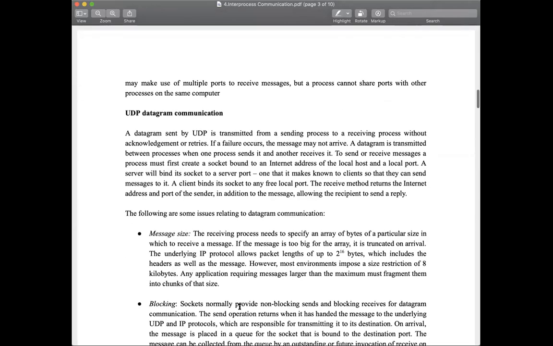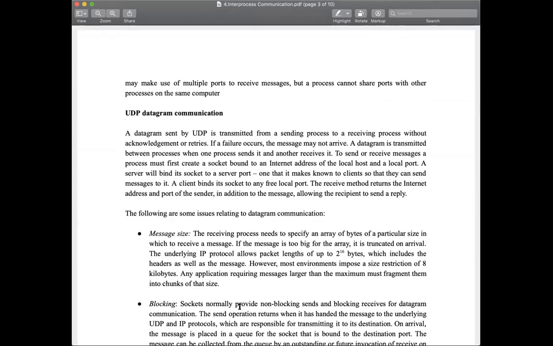So when you're talking about the protocols defined on top of sockets, we can simply understand them as UDP datagram communication and TCP streaming communication, right?